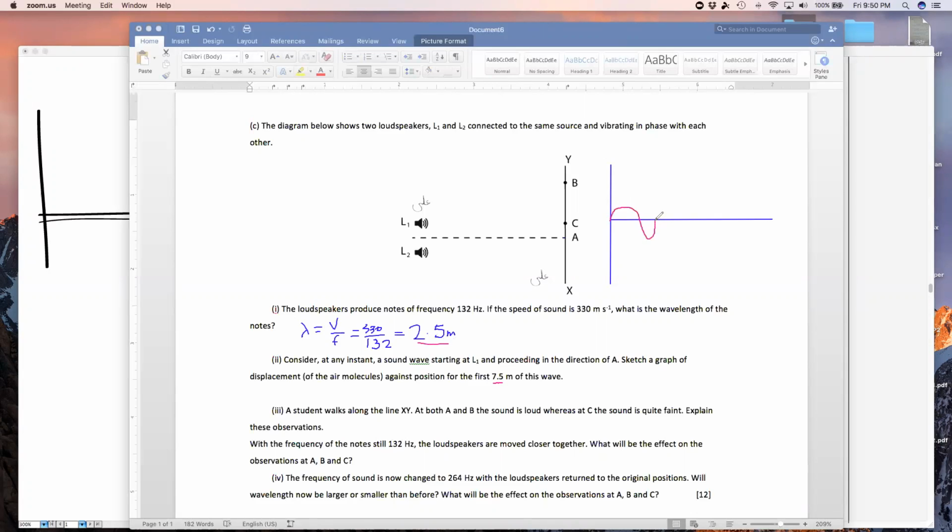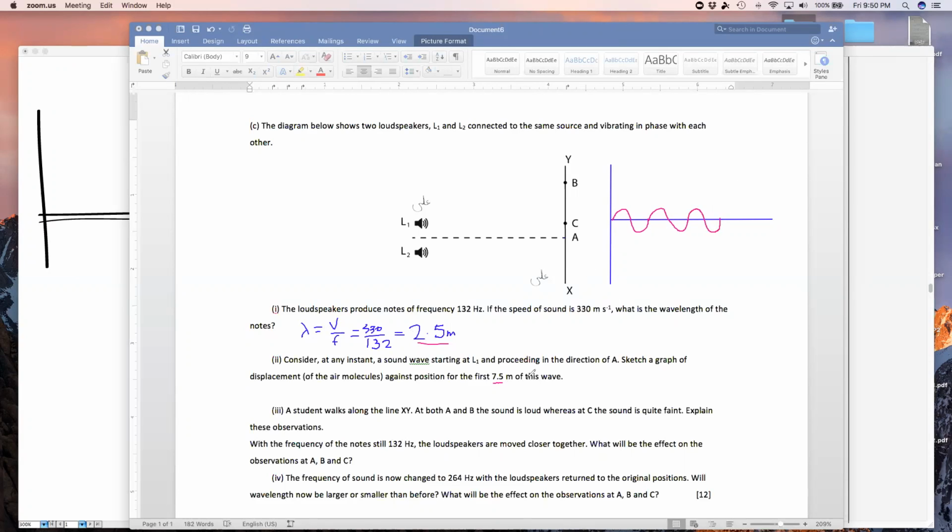This is 2.5 here, that's one wavelength. This will be a second 2.5. To get to 7.5, that's 5 meters here, so you have to do one more.